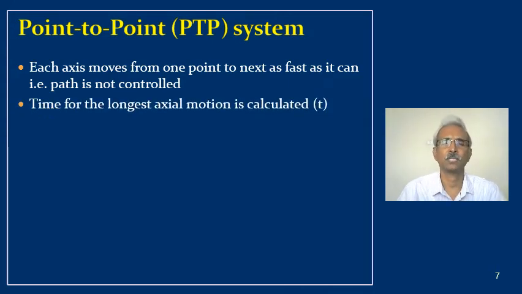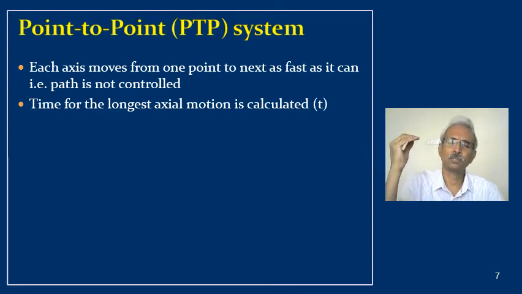So that's the point-to-point system. The time for the longest axial motion is calculated. See, when there are so many joints, say even here we have the upper arm and the forearm. The time for the longest axial motion is calculated as time t. Say for example, I move my upper arm through a small angle, whereas my forearm moves through a larger angle. So what is the longest time for moving this?